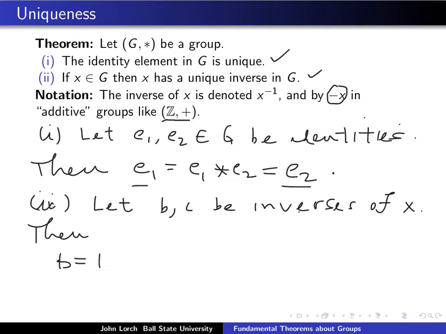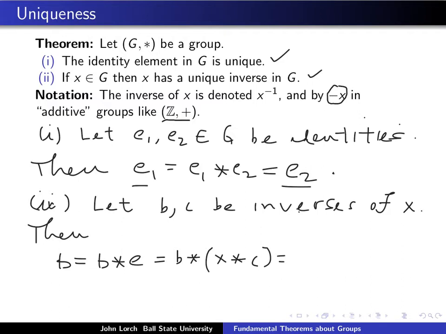Well, I know that that's the same as B times whatever the identity is, E. But E I can write as x times C. Right? And that's because C is an inverse of x, so x times C should be the identity.